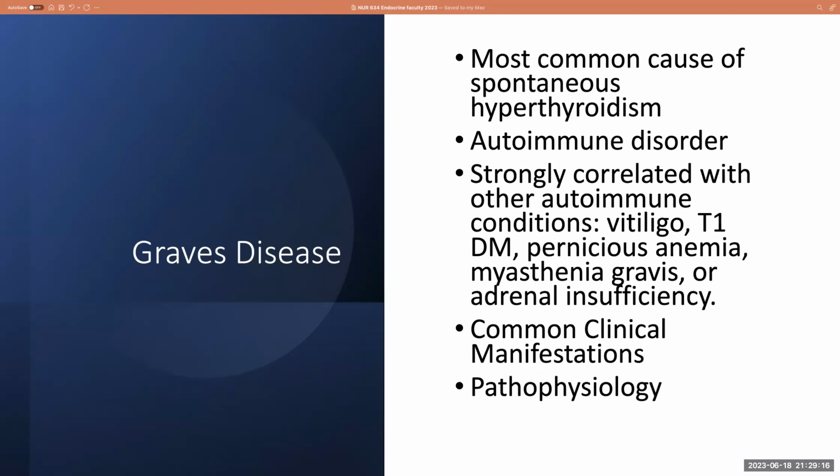So remember, this problem is coming from the thyroid. It is not coming from the pituitary gland. That is why you'll have low TSH levels, because the pituitary gland is saying, hey, hold on, too much thyroid hormone, trying to slow it down. But because it is disease, it does not respond.